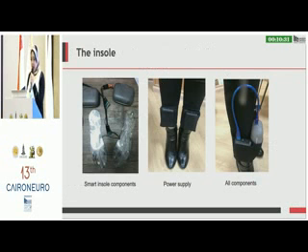Here is the actual shape of the device. The first picture shows the smart insole, which contains 6 flex force sensing resistors that take the stimuli and then transmit them to the patient's back.